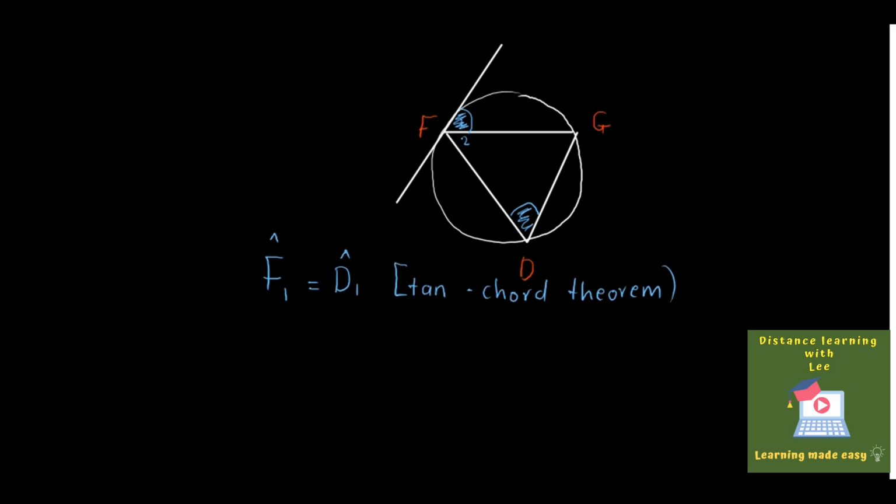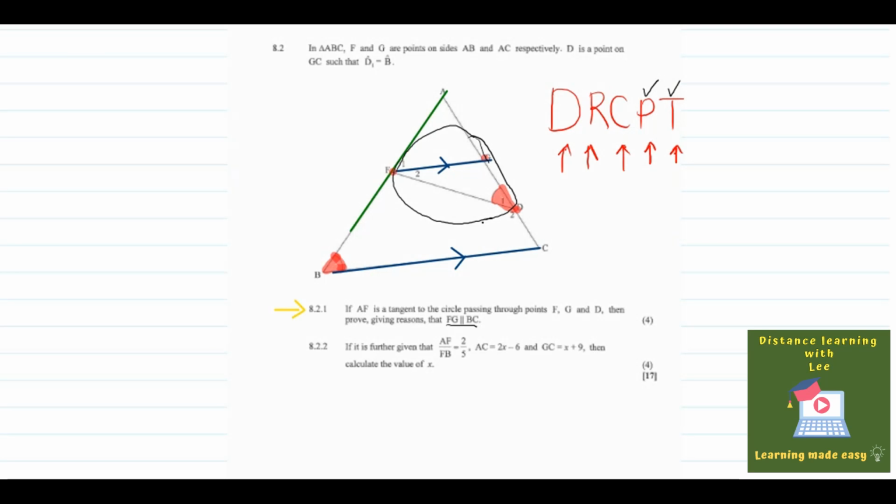And the angle that is formed between a tangent to a circle and a chord is equal to any angle in the alternate segment. The angle that's in the alternate segment is the angle D. So now we've proven that our angle F1 is also equal to our angle D1.